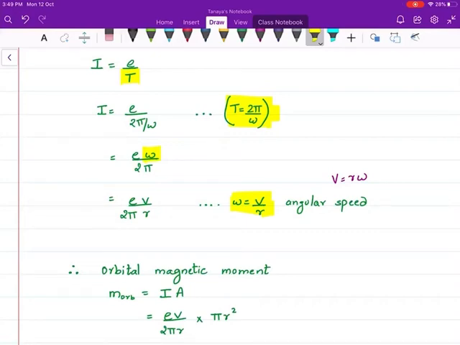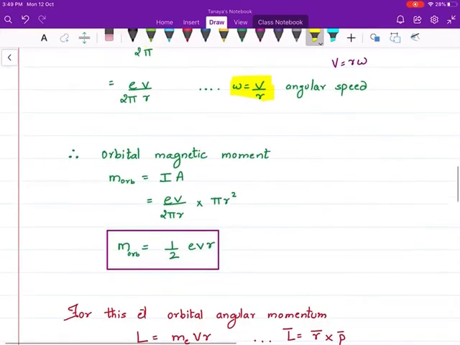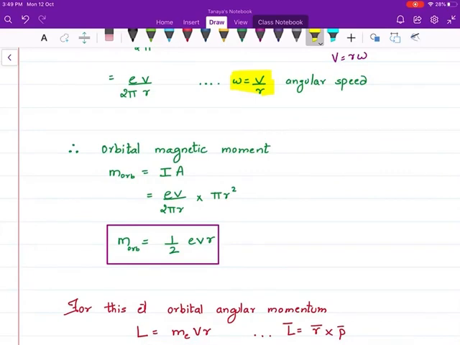This is the current. We want to find the orbital magnetic moment, m orb. What was the formula for that? IA, current into the area. So m orbital is equal to, I substitute the equation for I, that is e v upon 2 pi r. See, that is what we found out, no? Current is equal to e v upon 2 pi r.